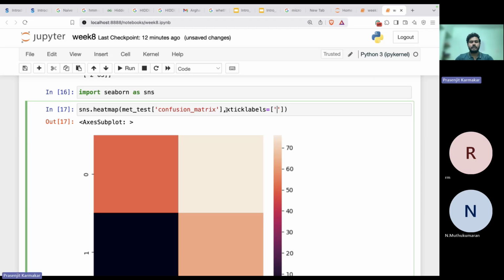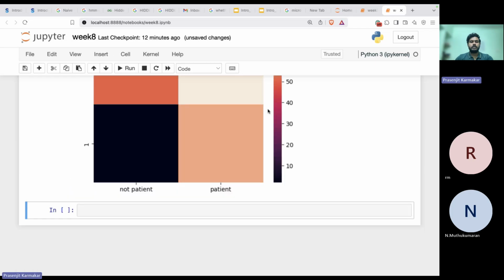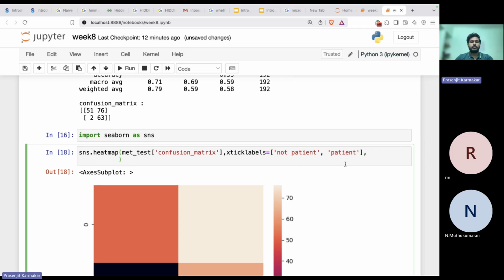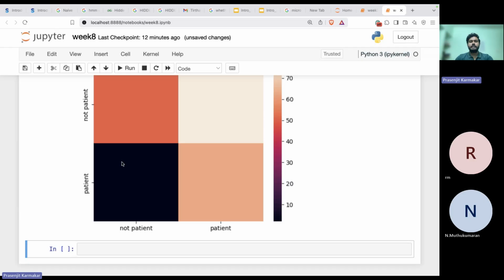So 0 is not patient, and 1 is patient. If I just do this, okay. So I have to also mention the Y tick labels. So this is my, okay.